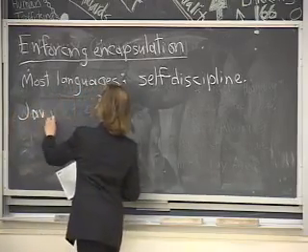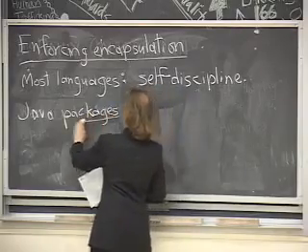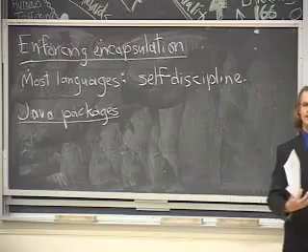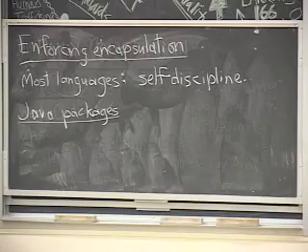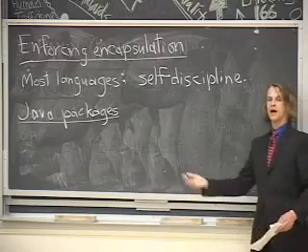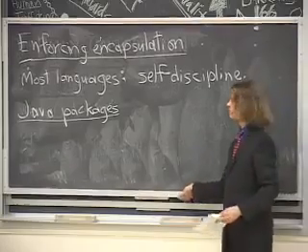But in Java, we have Java packages. So packages, what they allow us to do is take a bunch of classes that work together, put them into a package, and then those classes can see each other's protected and package protection fields, but those fields are still off access to the general public.